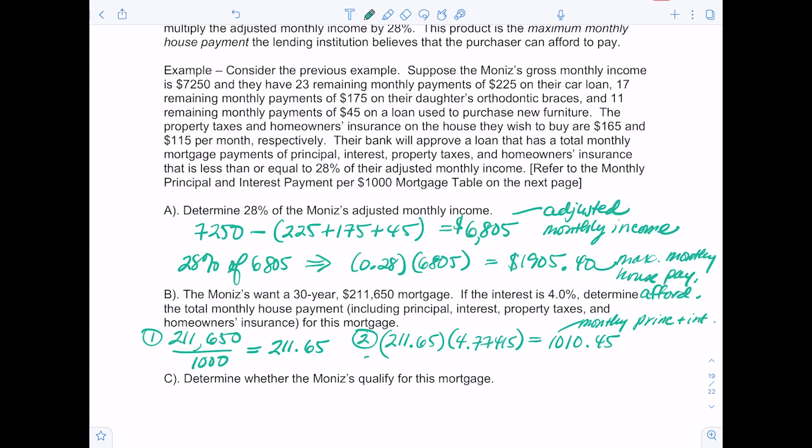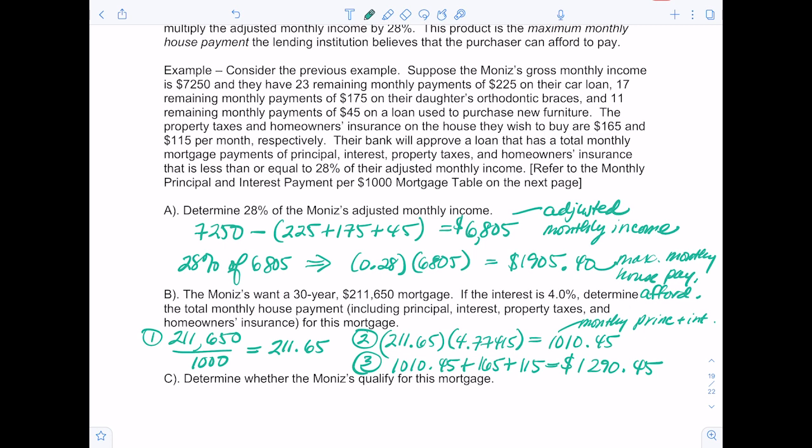Okay, so now I need to take that, and don't forget, we need to add on the $165 for property taxes and the $115 per month for homeowners insurance. And that gives us $1,290.45.